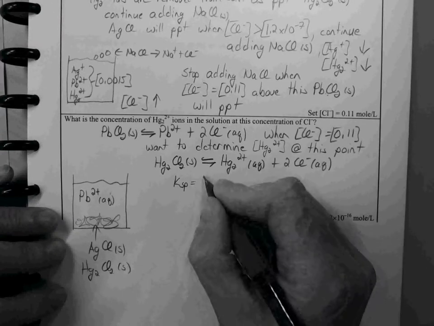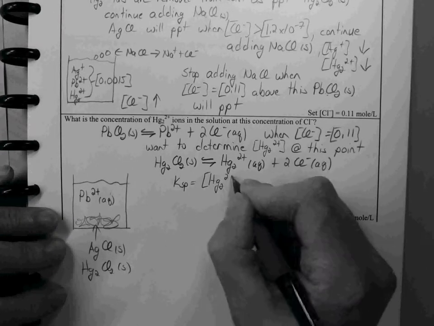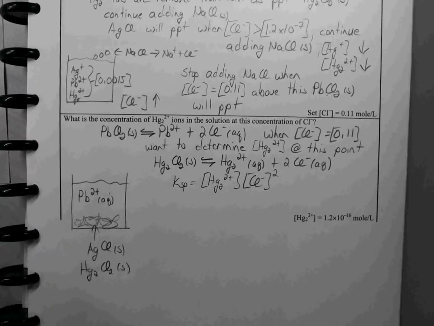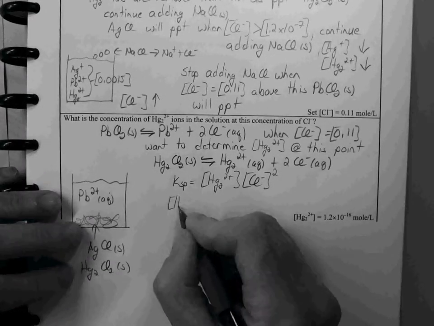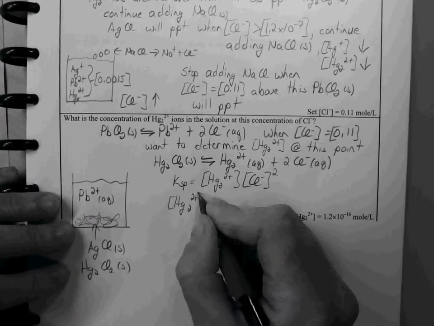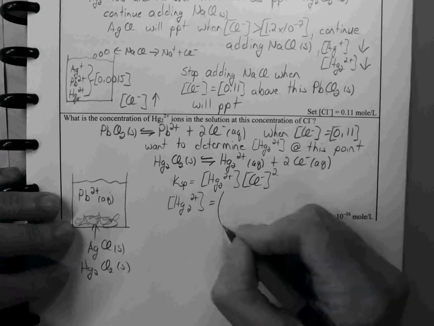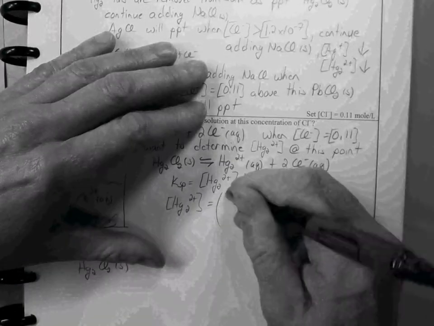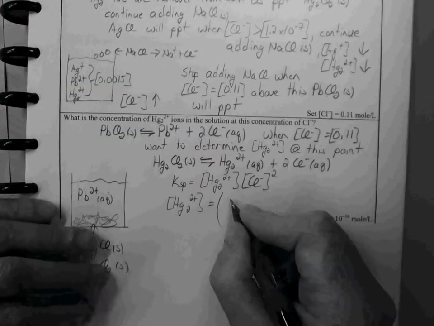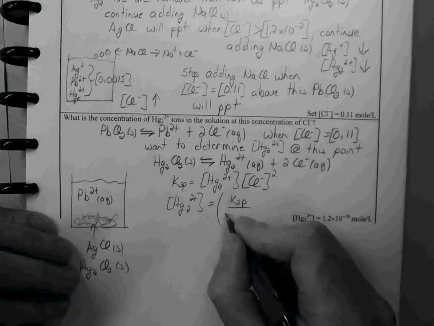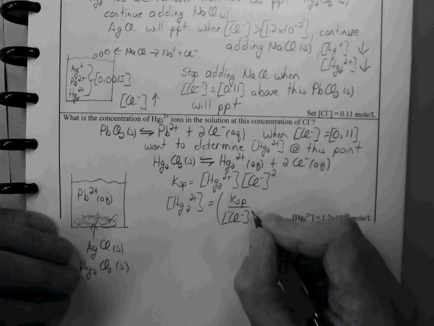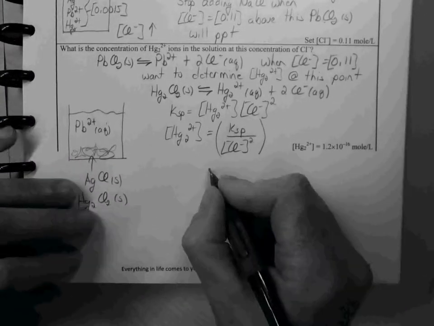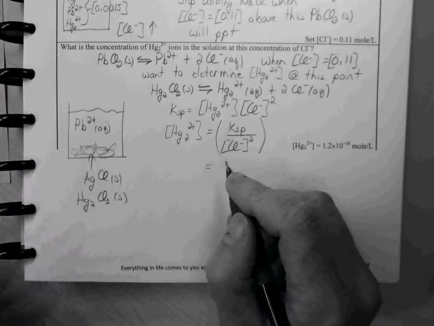So KSP is the mercury 1 ion concentration times the chloride ion concentration squared. So the Hg2 2 plus ion concentration is going to be equal to KSP divided by Cl minus squared. No, it's not the square root. It's just KSP divided by Cl minus squared.